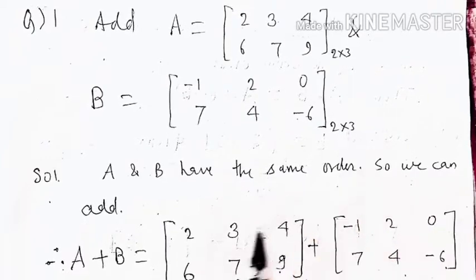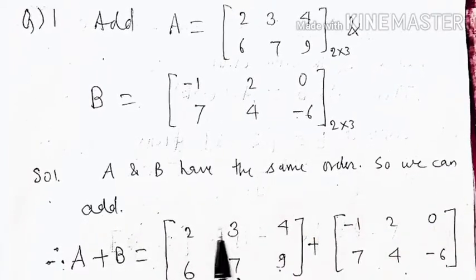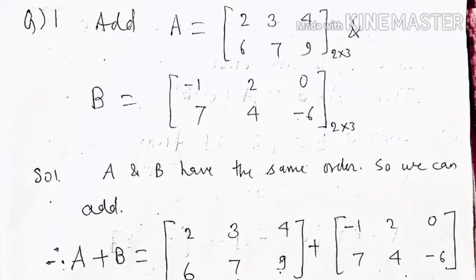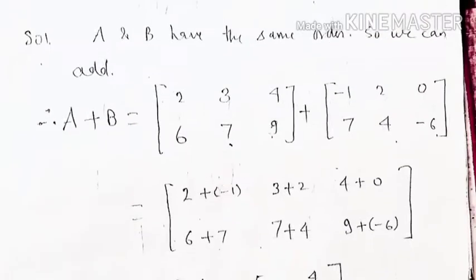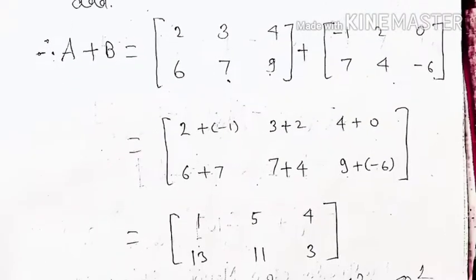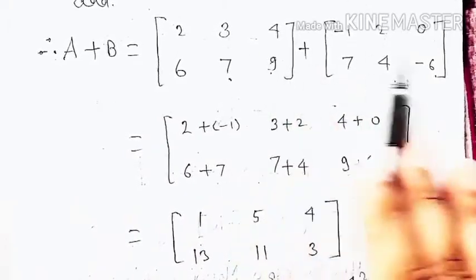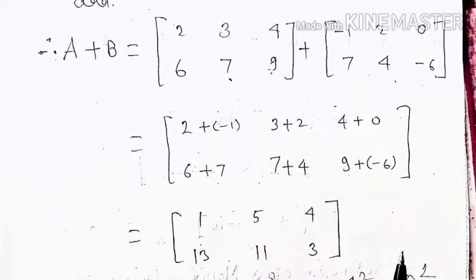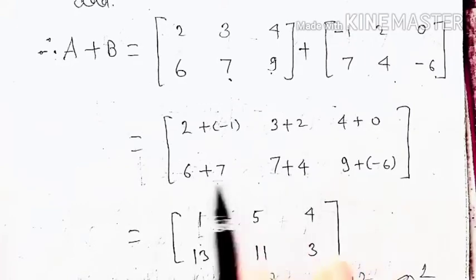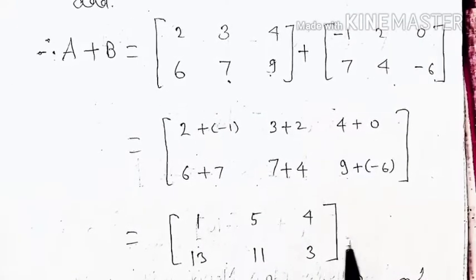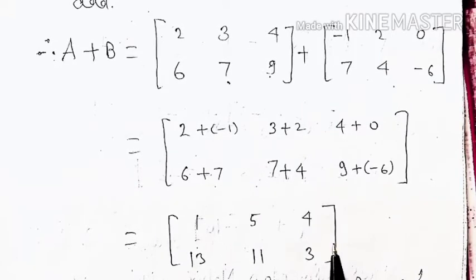Now we can add A plus B. For addition we have to add the corresponding elements to get the sum matrix. So we have 2 plus minus 1, 3 plus 2, 4 plus 0, and so on. After addition we have this matrix as the sum of the given two matrices.